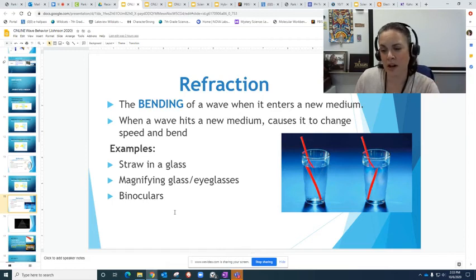It's this really bizarre phenomenon that you may have noticed before. And it's because when the wave hits a new medium, it causes that wave to change speed and then bend. And so that same type of process happens with magnifying glasses. It also happens with binoculars. So that is refraction.